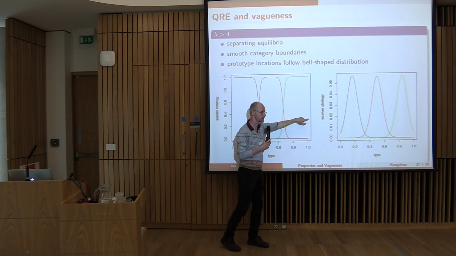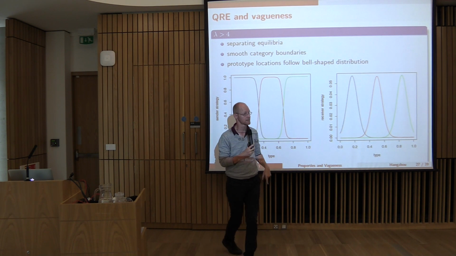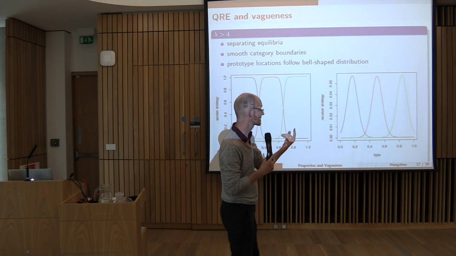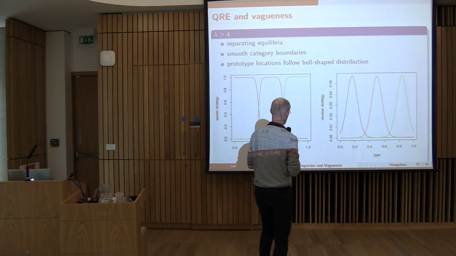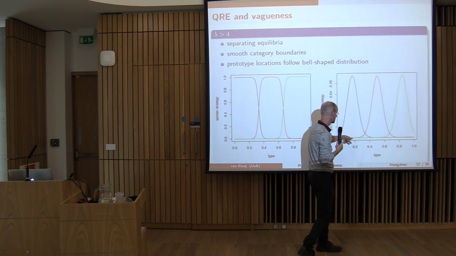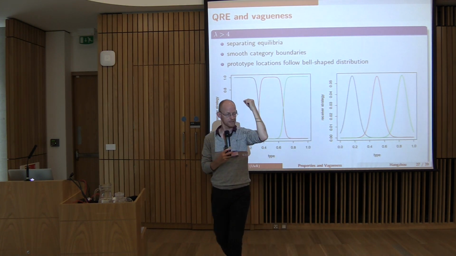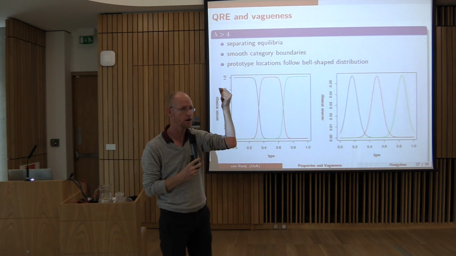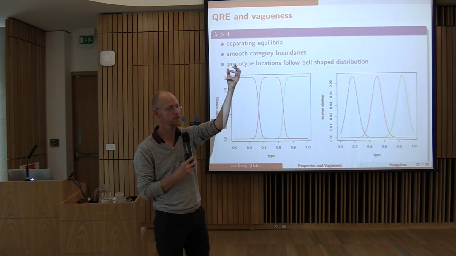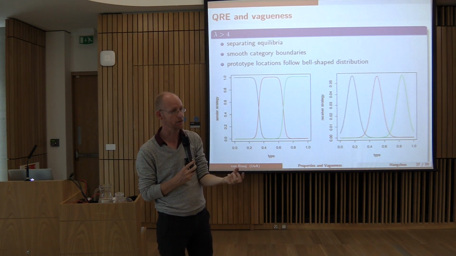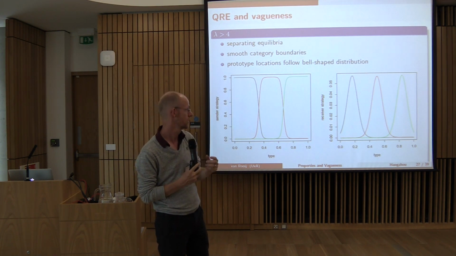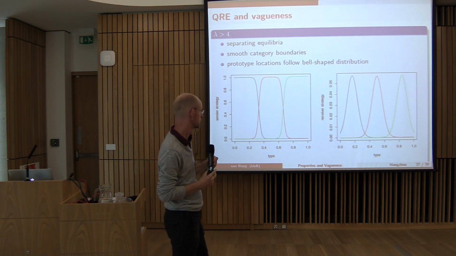So you can actually get that if you play with this rationality parameter. And you also get the prototype, but it's not going to be a single point anymore. It's not one point that is the prototype of black. It's more like these are more black than other things are black. And that's what you see, of course, in natural language as well.